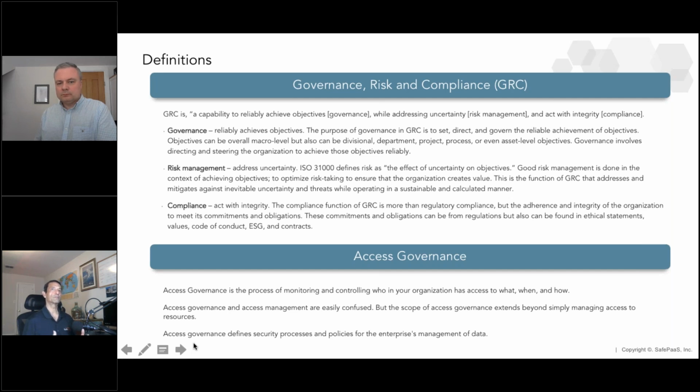Where SafePaaS comes in is ready to take the system you're using today for managing access and apply policies to it, so that you can control the risk in granting access and privileges at a very granular level to your identities and the users that use those identities. So it's really about defining the security process and policies for your organization. And that's how we see access governance.